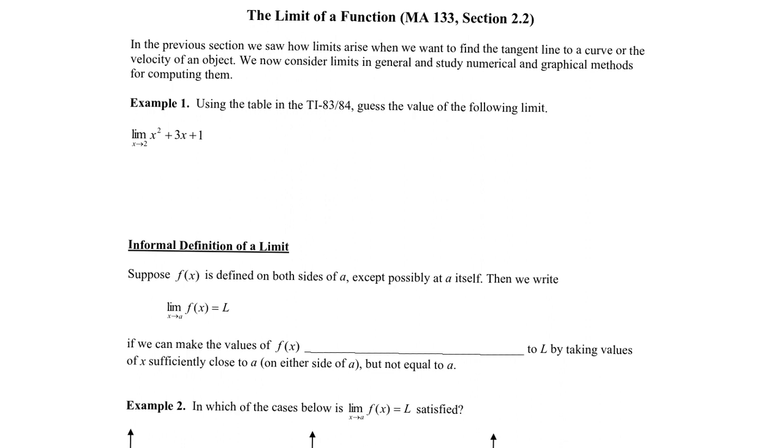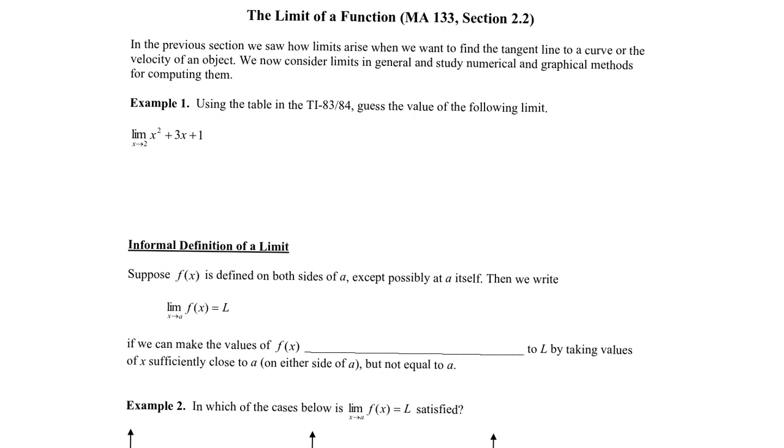So let's look at limits a little more generally and consider numerical and graphical methods for computing them. So let's look at example 1, and it mentions using a table to guess the value of this limit. So what we'll do is we'll use a table in the calculator. So I'm going to go to the y equals screen and punch this in for y1 equals, and then we'll get values very close to 2 but not equal to 2.